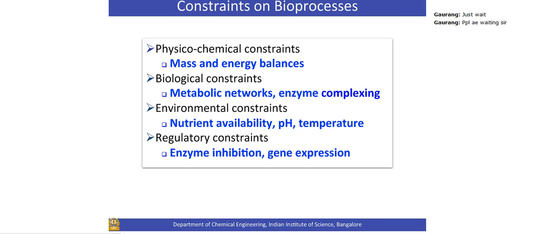However fancy or exotic these living cells may look, they cannot violate the basic mass and energy balance. The same thing that we learn in our chemical process calculations, doing all kinds of balances, has to be applied, and cells have to satisfy it.